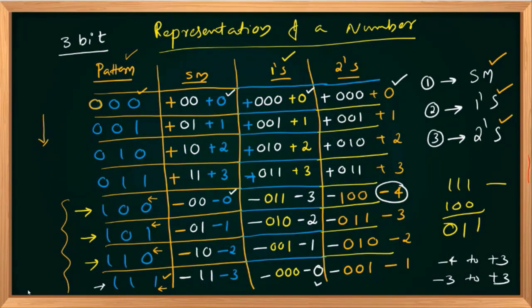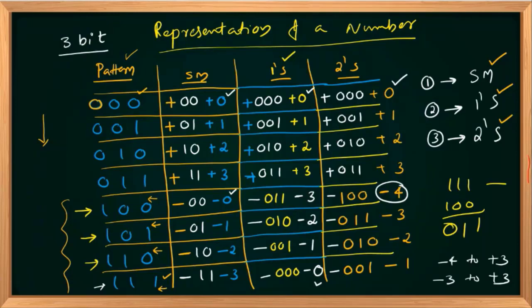Similarly, in two's complement representation, if the number is positive, that implies the MSB will be 0, right? Then the entire digits will decide its magnitude. If the MSB is equal to 1, the number is negative, then we should take 2's complement of the given pattern before evaluating its magnitude.